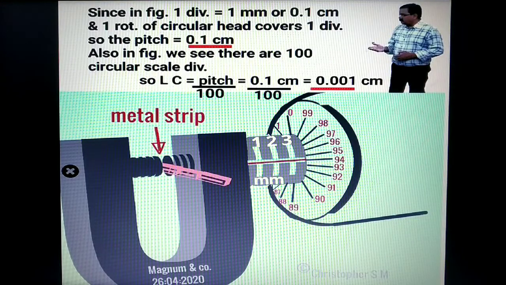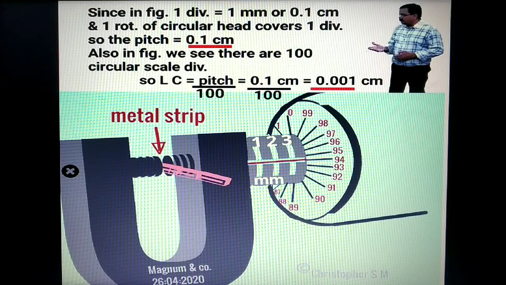So since in the figure it is given one division is equal to 1 millimeter, look in the figure, you see one division is equal to 1 millimeter or 0.1 centimeter, and one rotation of the circular head covers one division, so the pitch is 0.1 centimeter.